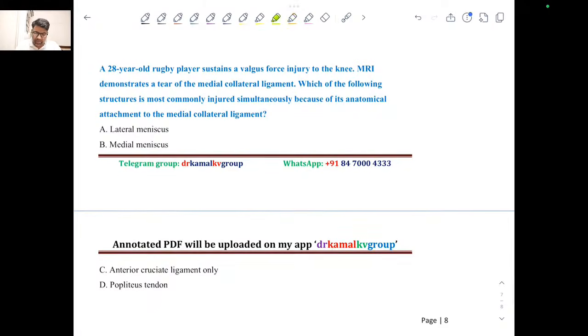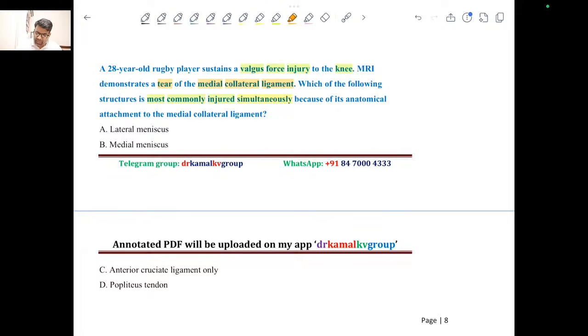Then next question. A 28-year-old rugby player sustains a valgus force injury to the knee. MRI demonstrates a tear of medial collateral ligament. Now, which of the following structures is most commonly injured simultaneously because of its attachment to the medial collateral ligament?